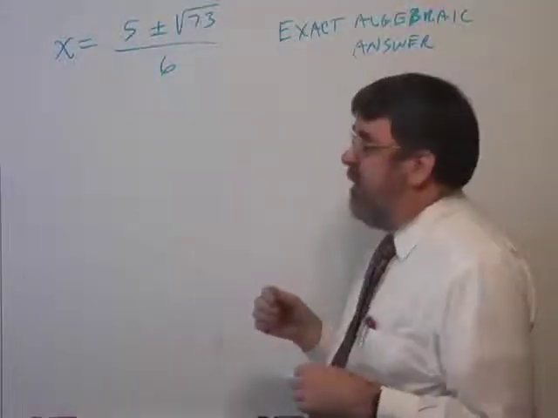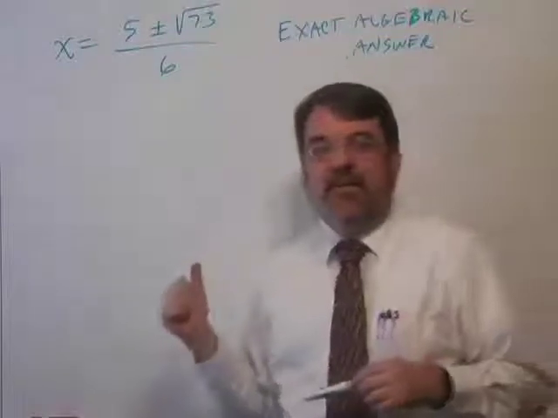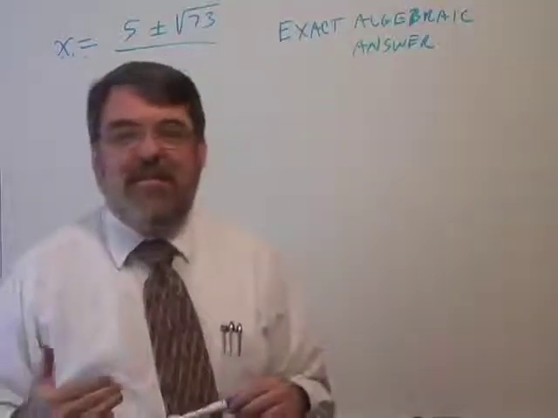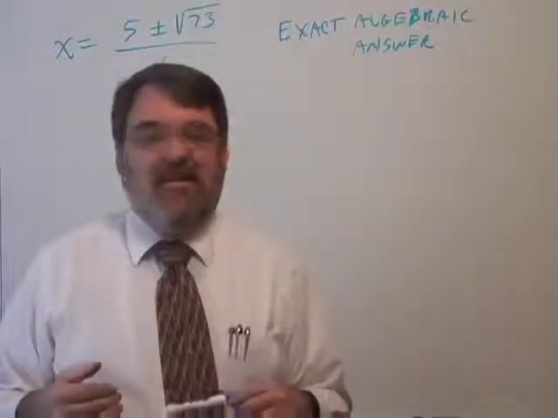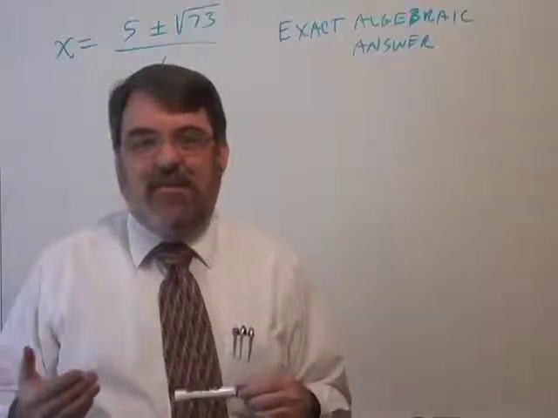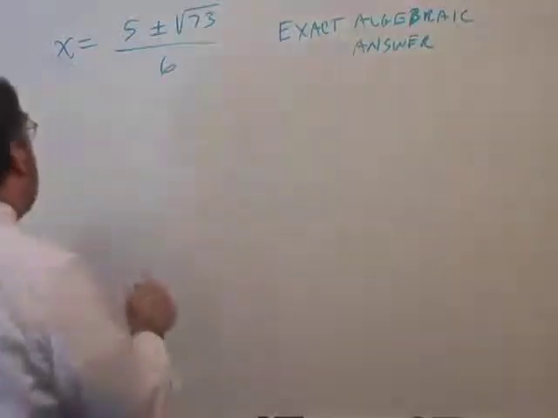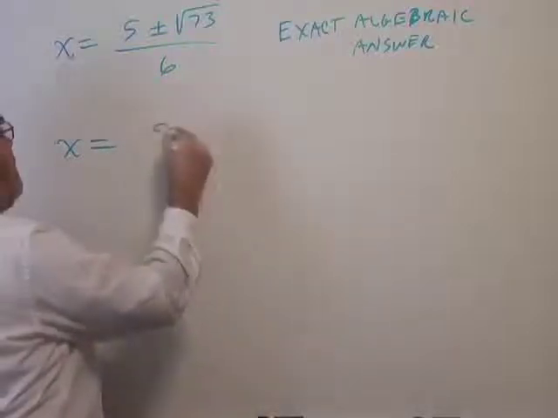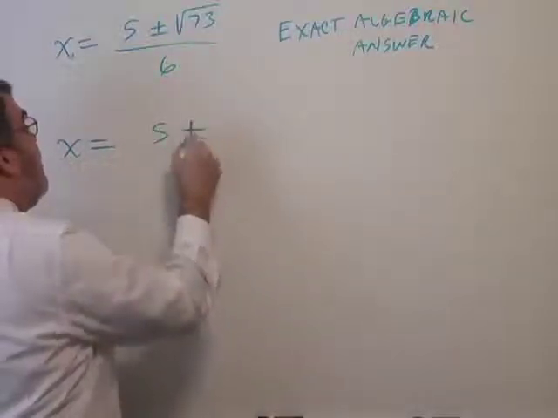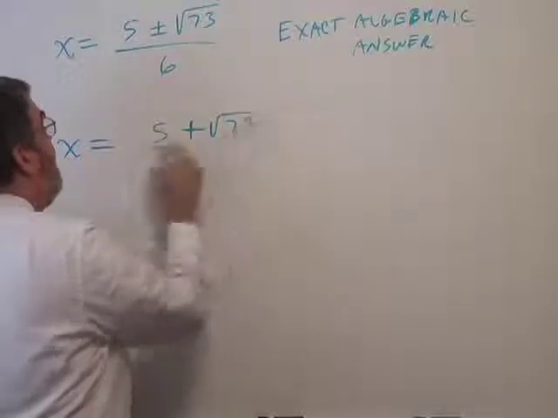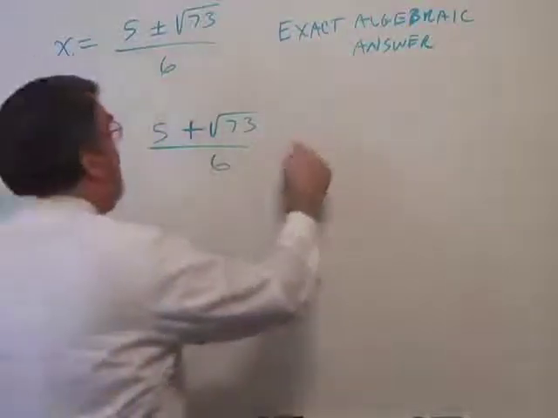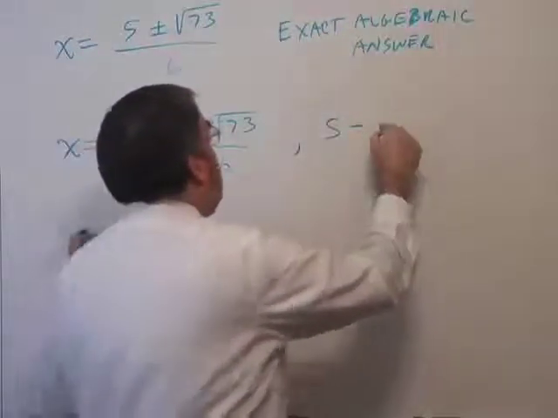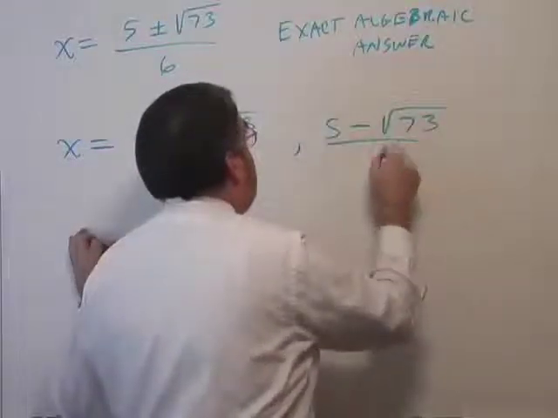So I think, fine, we've done the algebra. Now let's see if we can make use of it and get some kind of practical answer. In order to do that, you really need to write these out separately because there are two different calculations here. So it's 5 plus the square root of 73 over 6, and 5 minus the square root of 73 over 6.